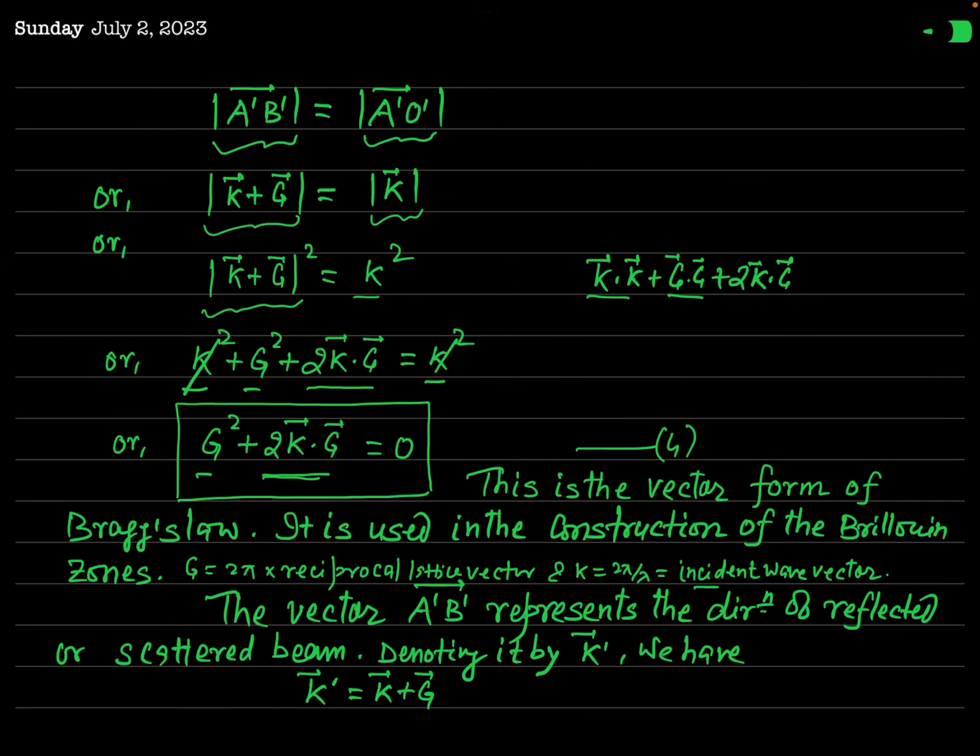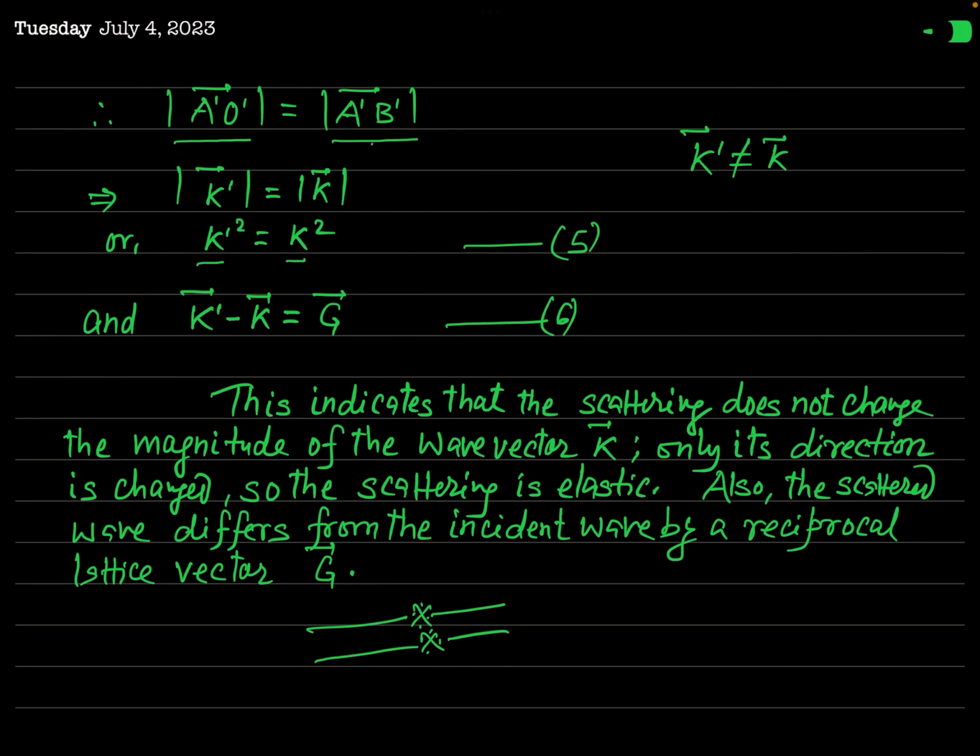And you can see from here that the difference of this k dashed vector and k is equal to the reciprocal lattice vector. This is a very important fact: when you subtract the incident wave vector from the reflected or diffracted wave vector, you will get the reciprocal lattice vector. So this indicates that the scattering does not change the magnitude of the wave vector k, only its direction is changed, and so the scattering is elastic.